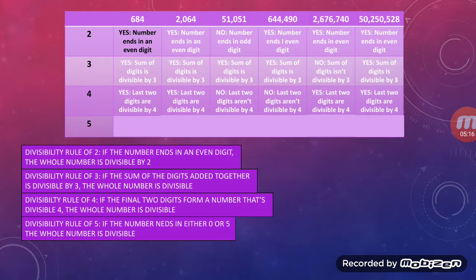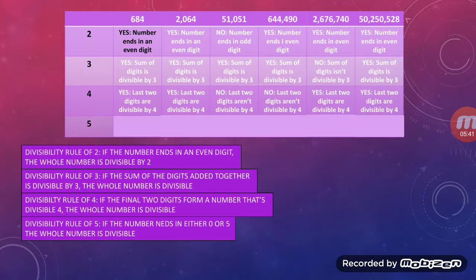Now the final rule for this slide is the divisibility of 5 rule, which states if the number ends in either a 0 or a 5, the whole number is divisible. Now that's probably one of, if not the most simple rule that we've encountered so far. Going through the different example numbers, it's plain to see.